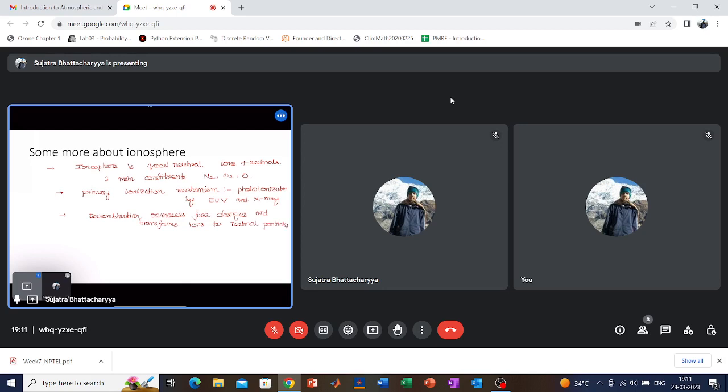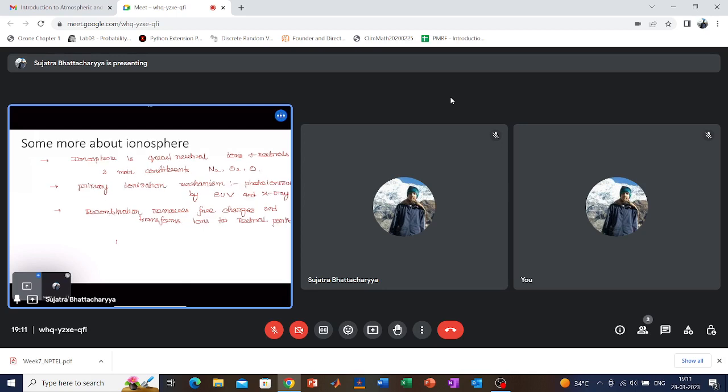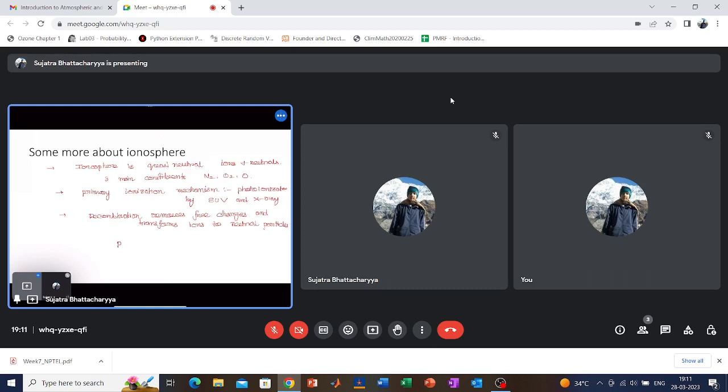Okay, and there is another thing, that photochemical equilibrium. Just know what it is. It's not required. Photochemical equilibrium is that the concentration of electrons will be equal to the concentration of ions. That's all.